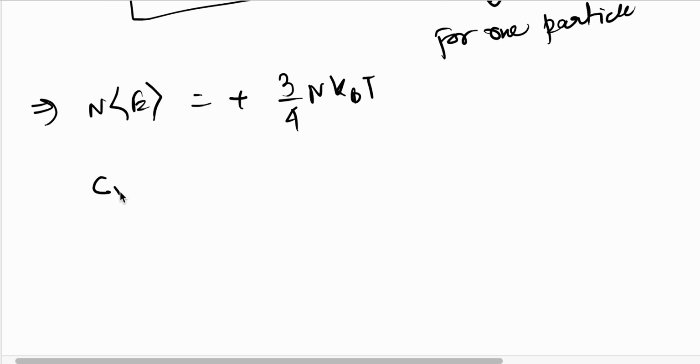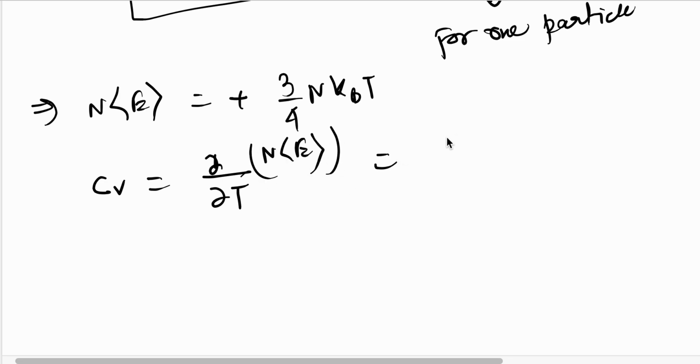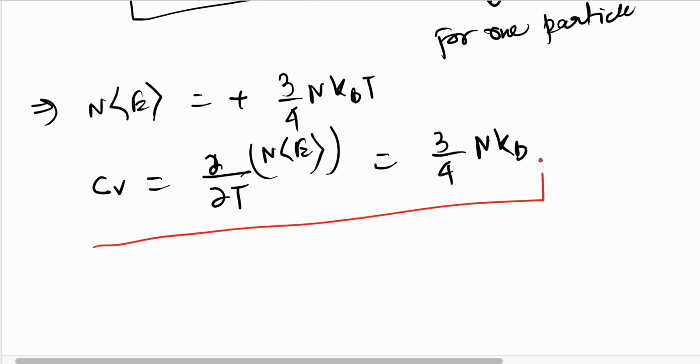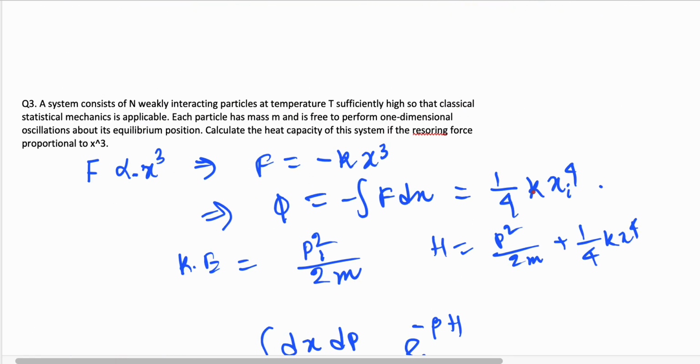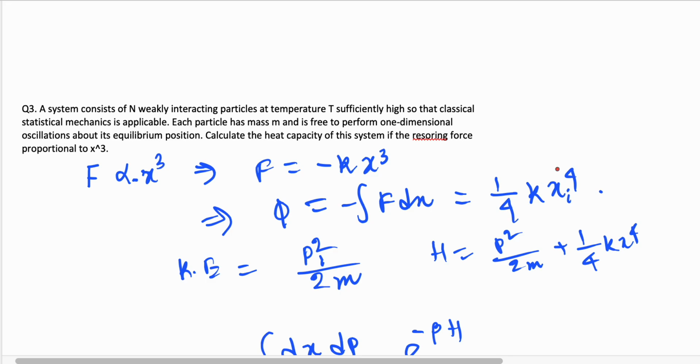What will be the specific heat at constant volume? It is del T of N E, which is nothing but 3/4 N k. So this will be the specific heat for the particle in the classical limit, when the temperature is classical and when the restoring force is x cube.